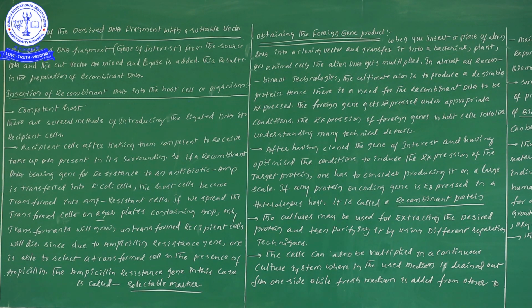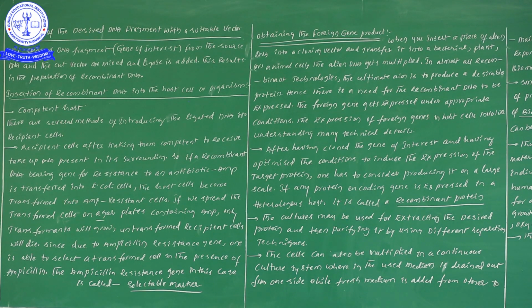Then we can purify it. If we are getting one protein, there are different types of purification methods, so we can obtain the purified recombinant protein by using different separating techniques. Likewise, some more information we can see.